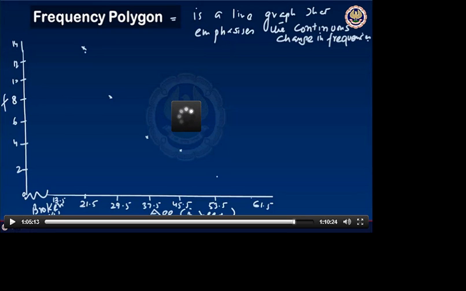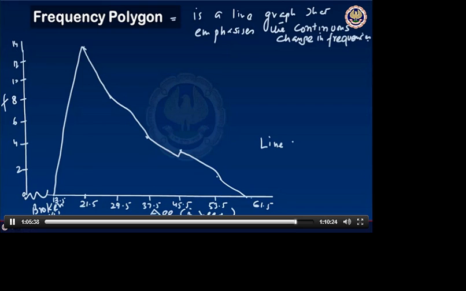So we are going to make a frequency polygon through a freehand curve, then like this, and then we are going to extend this and join these at this. Here the line is extended to the x-axis.